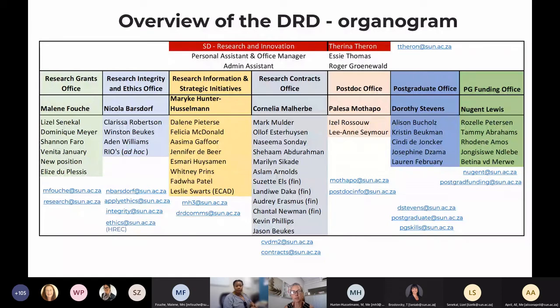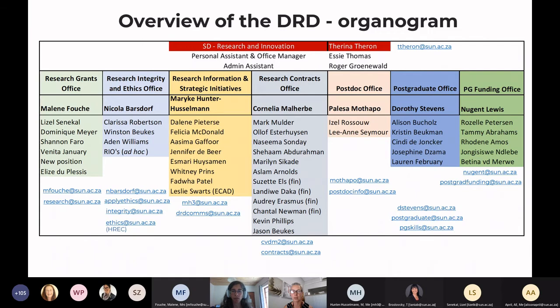In the postgraduate office, we have Dorothy. Dorothy, if you can switch on, just to introduce yourself, I appreciate that. Dorothy's office, of which the Postgraduate Funding Office of course forms part, but I've just put them separately as well to highlight them. So in Dorothy's group, we have Alison and Kristen, who work with the Postgraduate Skills Development Program, Cindy, Josephine, who works with applications and systems.